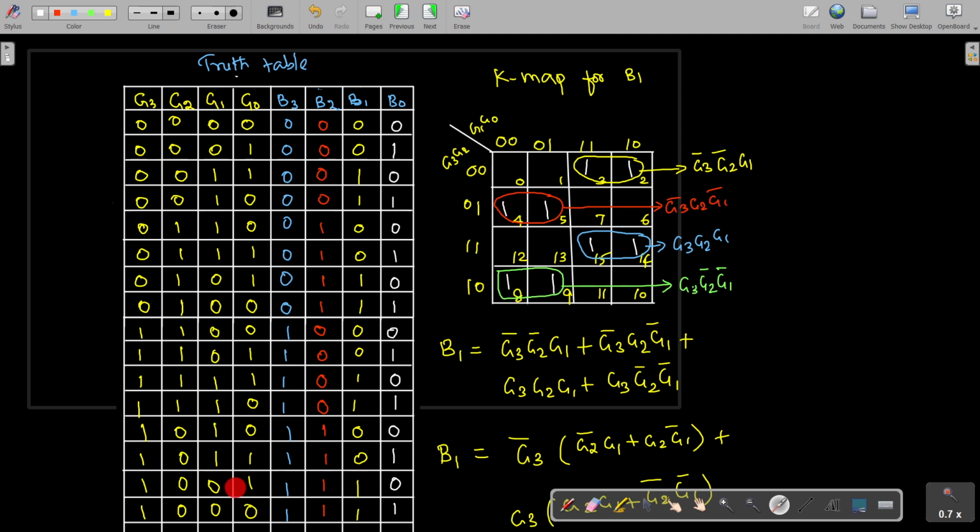Then we have a 1 here that corresponds to 1001. That means it is 9, isn't it? 1001 means 9 here. Then the last one is 1000. That means 8. So for 8 we place a 1 here.